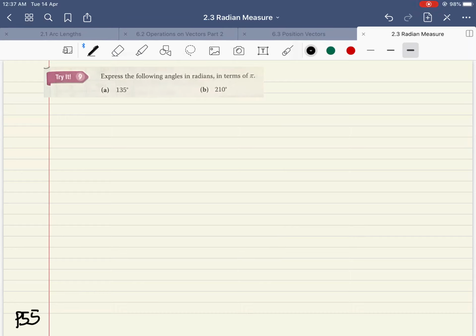Now I'm going to quickly move to Try It 9 on page 55. We're going to do some exercises to convert between radians and degrees. I'll start with the two angles here. I remember from the previous page that pi radians equals 180 degrees. I write it the other way around: 180 degrees equals pi radians.